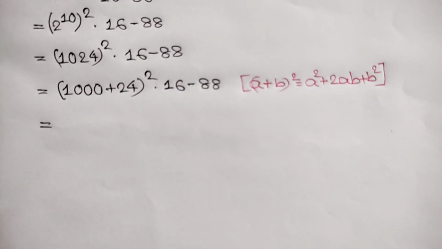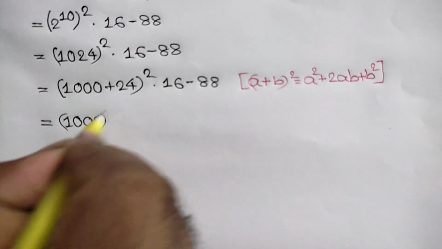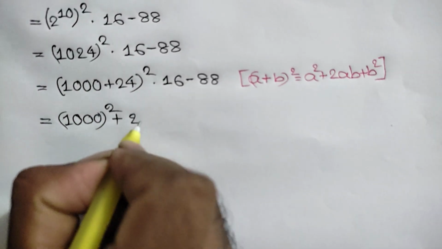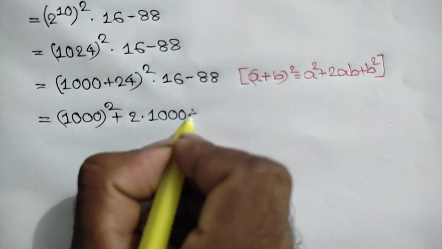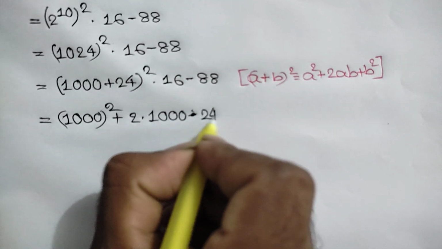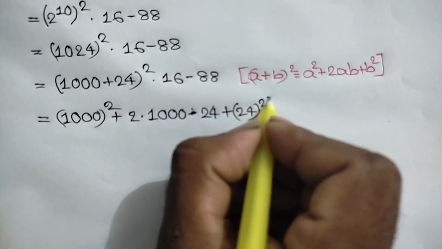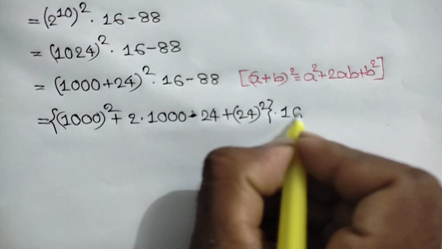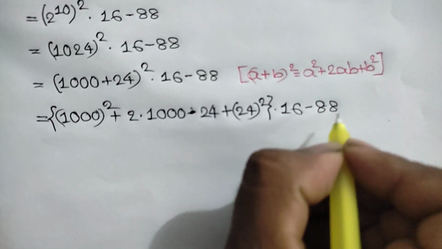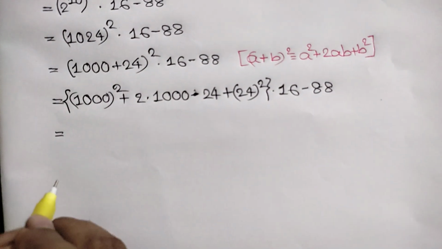We can write 1000 square plus 2 times 1000 times 24 plus 24 square, times 16 minus 88.